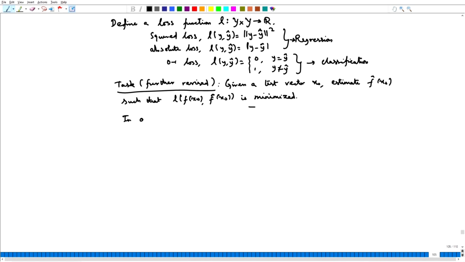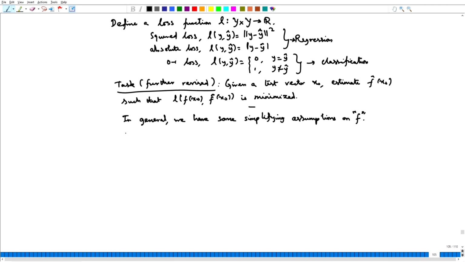In general, we have some simplifying assumptions on f. There are methods which do not have this, but many of the methods have such simplifying assumptions.